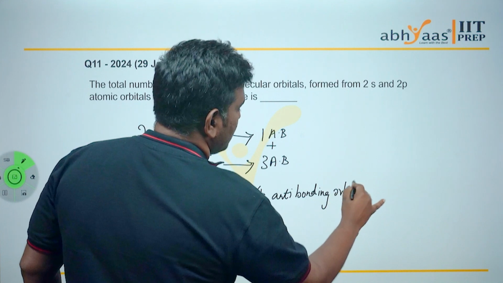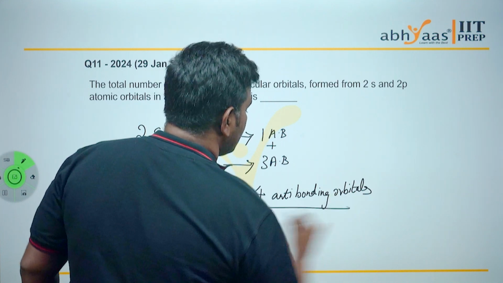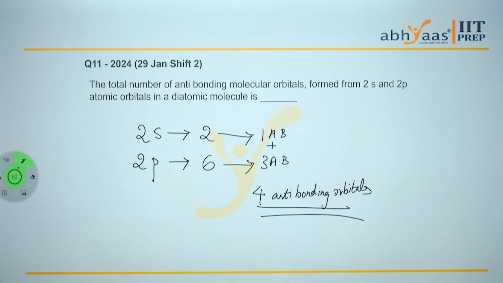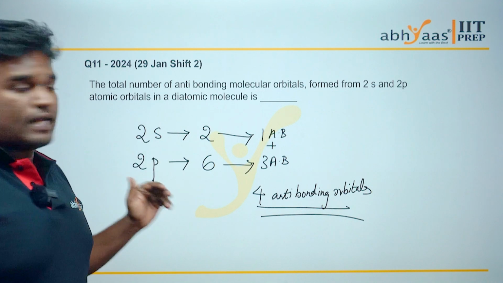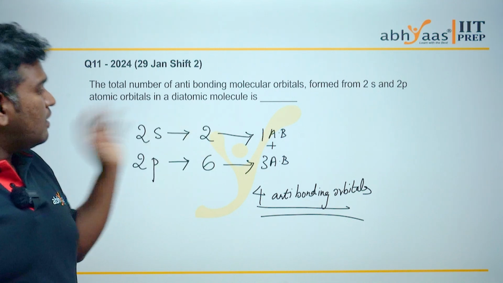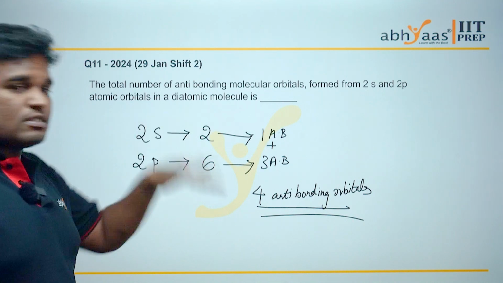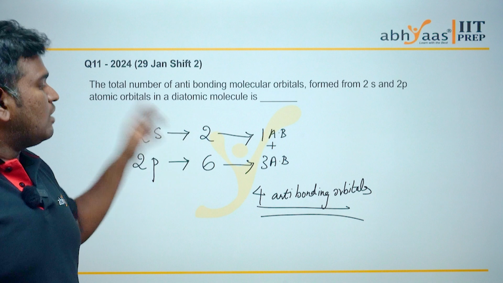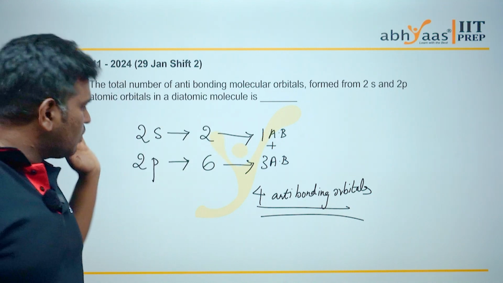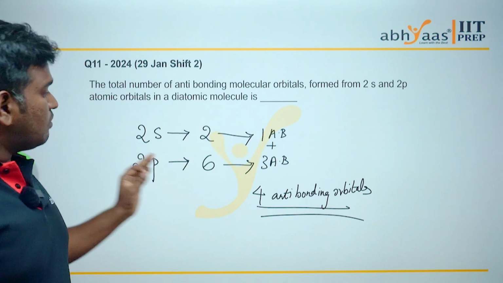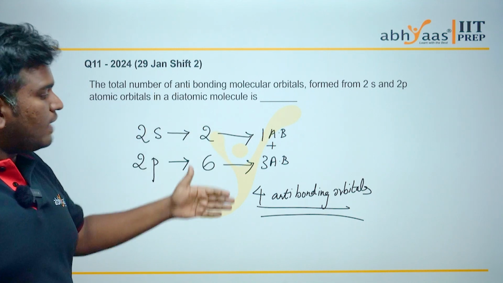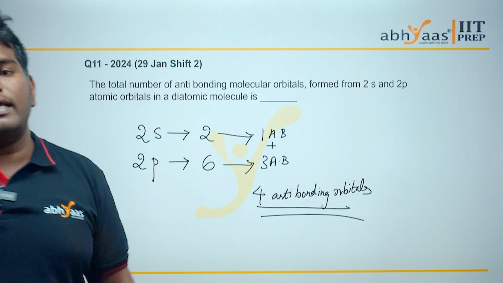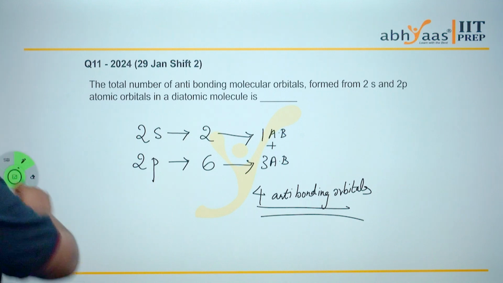It's very simple if you know the concept of molecular orbitals. 2s forms 2 orbitals, 2p forms 6 orbitals, and among these you have 1 anti-bonding orbital from 2s and 3 anti-bonding orbitals from 2p. When you add that, you get 4 anti-bonding orbitals.